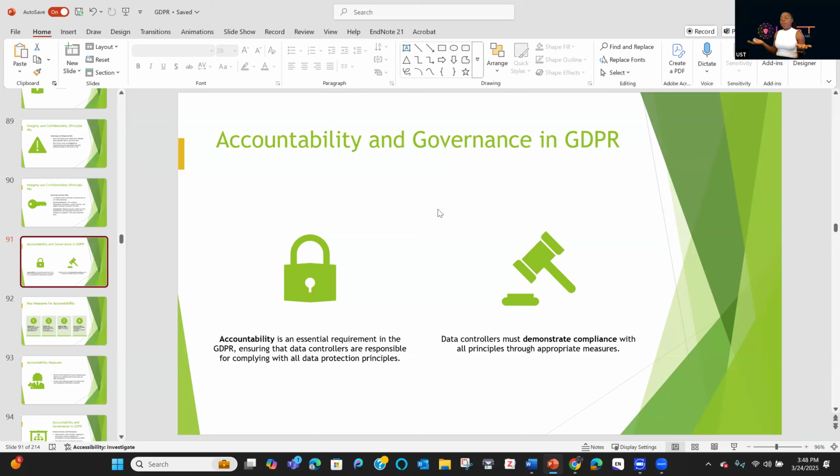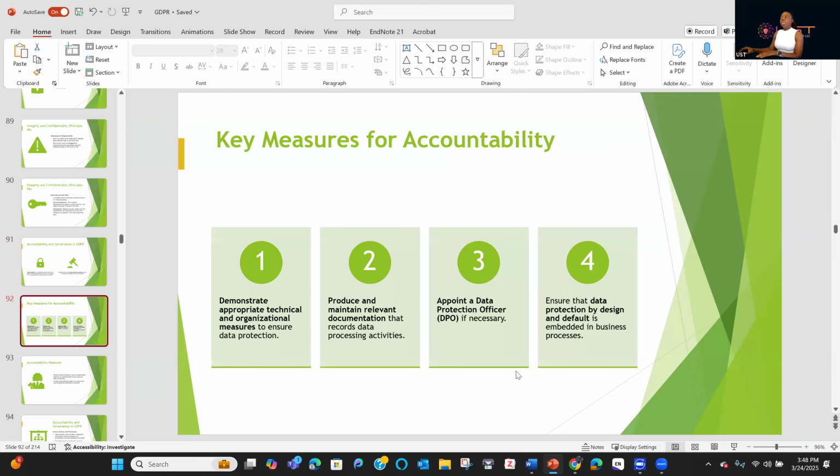And in doing that, for accountability, of course, you have access control. You also have many things, security measures that an organization needs to put in place to ensure accountability. But some of the key measures of accountability include: first, they have to demonstrate appropriate technical and organizational measures to ensure that data is being protected, which talks more about security controls and privacy controls, right?